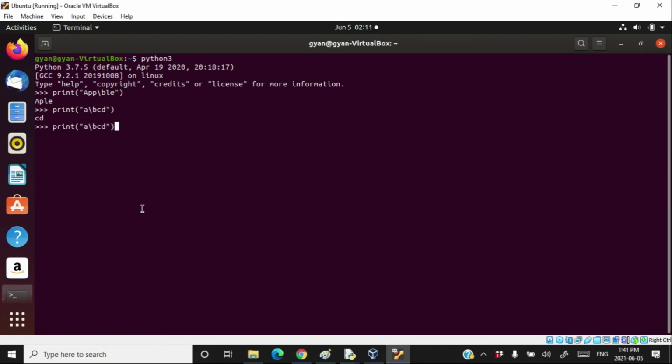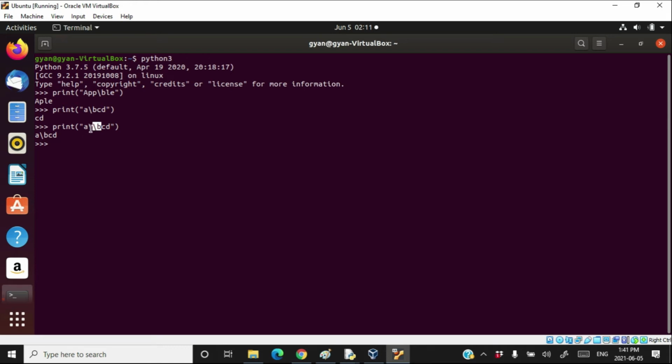In that case, you have to silence the special meaning of the backslash. To silence the special meaning of the backslash, you have to put one more backslash. So the first backslash will remove the special meaning from the second backslash. So backslash b will no more have a special meaning, and here you will get your output as a backslash b c t.